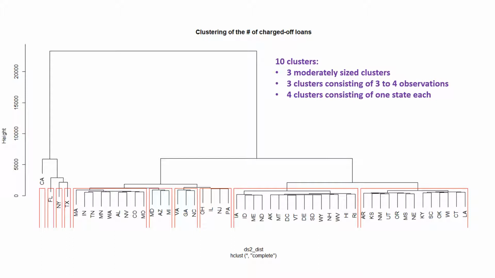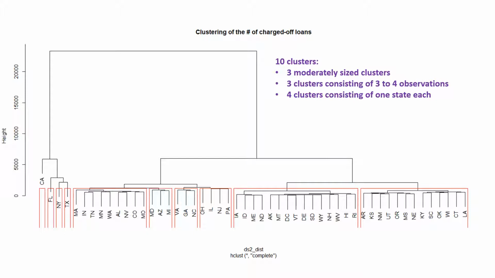As you can see from this dendrogram, when we split the 51 states into 10 clusters, this resulted in 3 moderately sized clusters. And we also see 3 clusters consisting of 3 to 4 states. And we also see the remaining 4 clusters consisting of one state each.